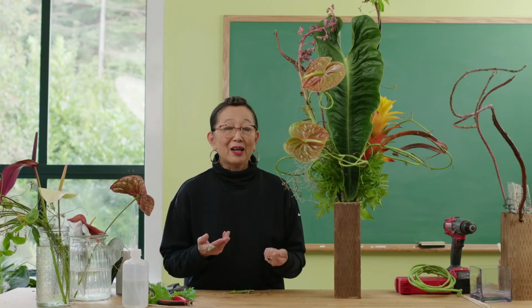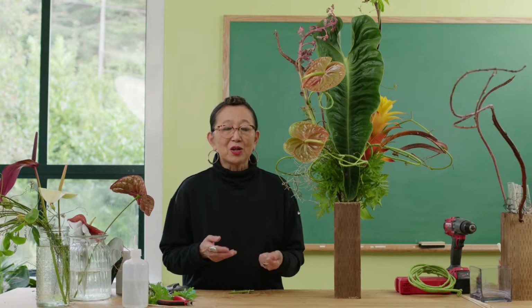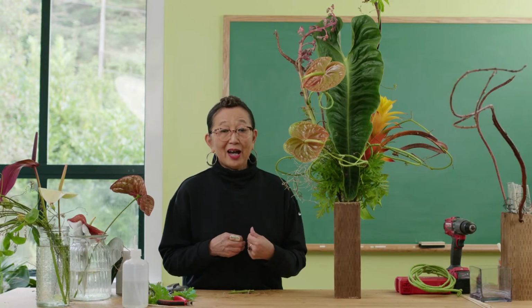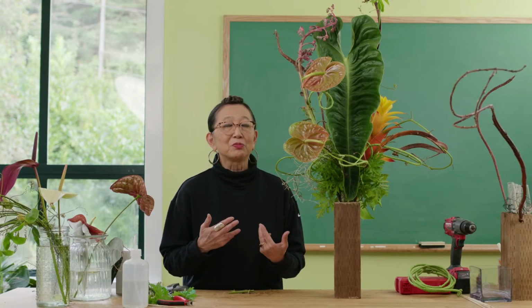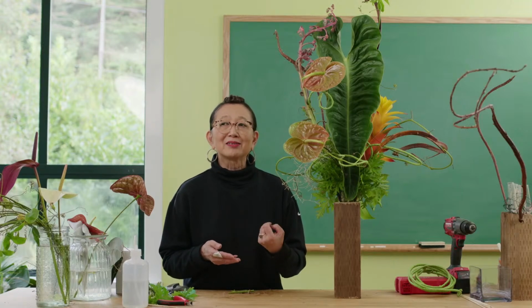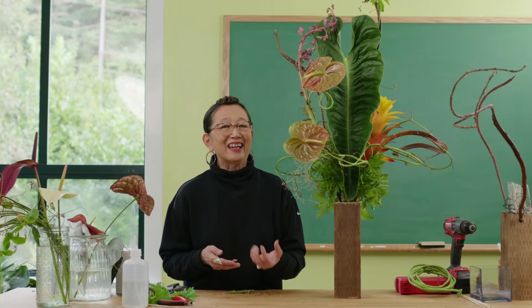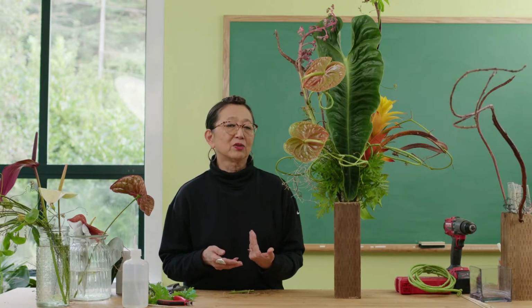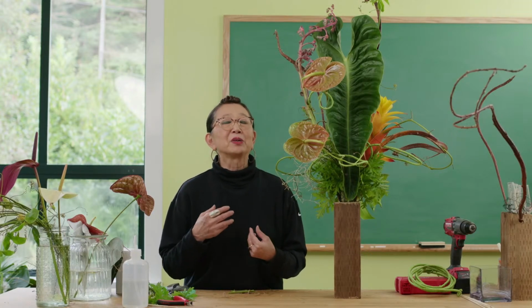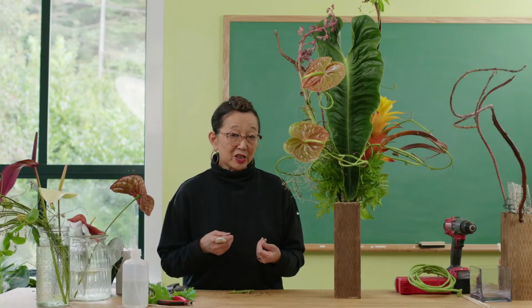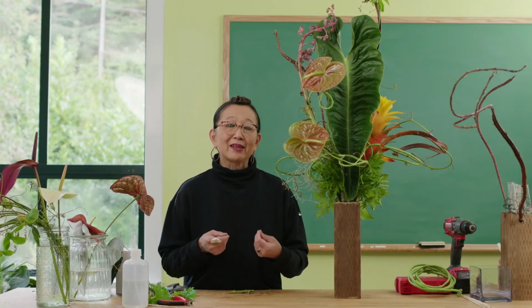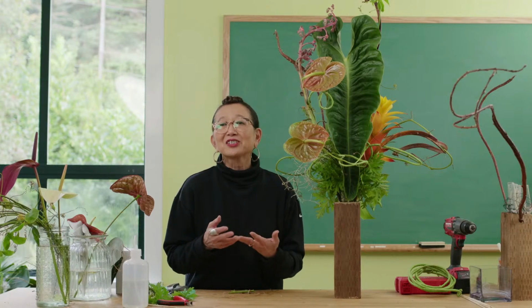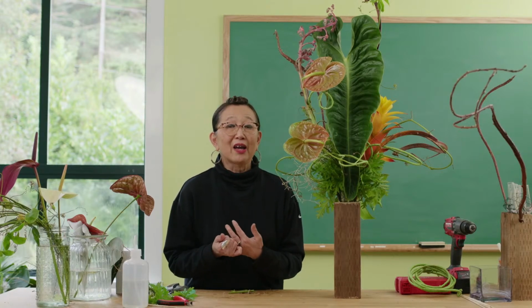But now people are so crazy about it, the brides want 2 of those in a bouquet. How crazy is that? I never thought that there would be a day when something as exotic and also big and heavy is in the mainstream and being asked for. But that's because people have become more comfortable with some of these interesting materials, and they're looking for it. They're anxious to see something new every day.